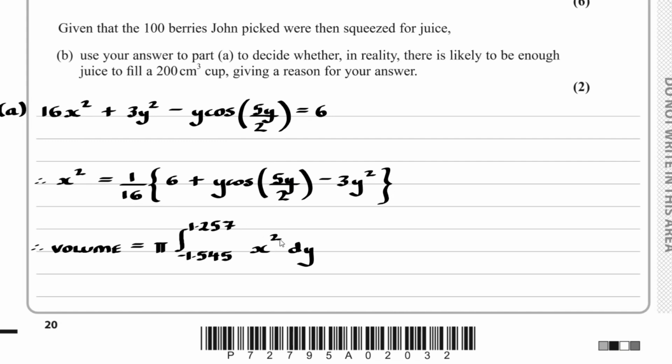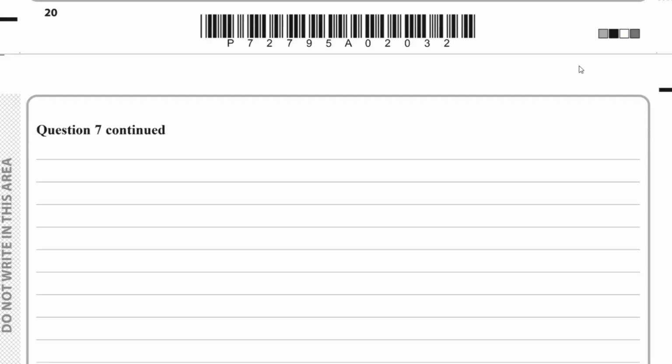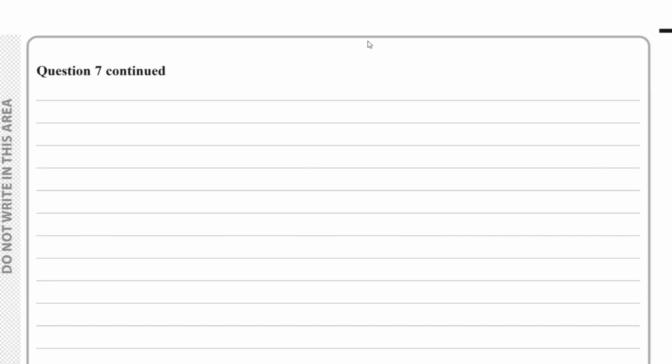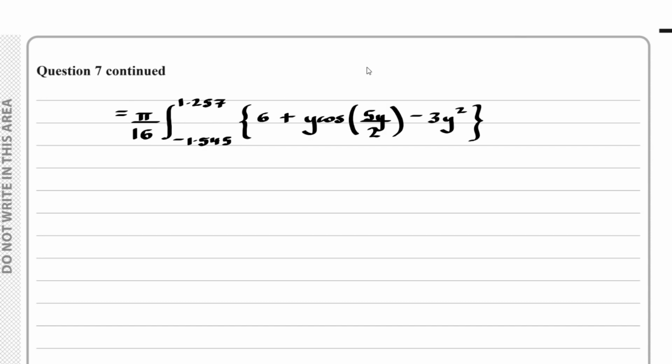So I can replace the x squared with this result here. And doing so, we've got pi over 16 multiplied by the integral between minus 1.545 and 1.257 of 16 plus y times the cosine of 5y over 2 subtract 3y squared.